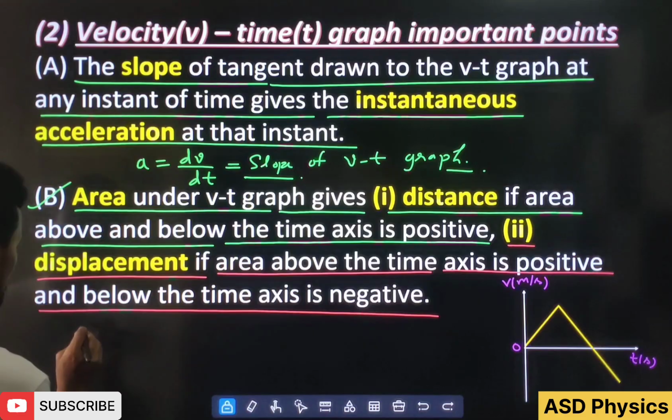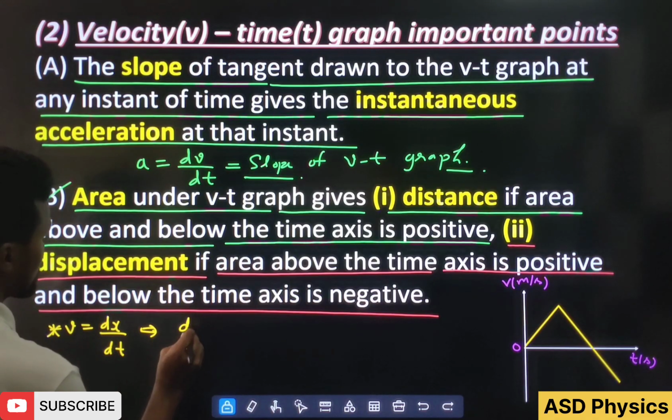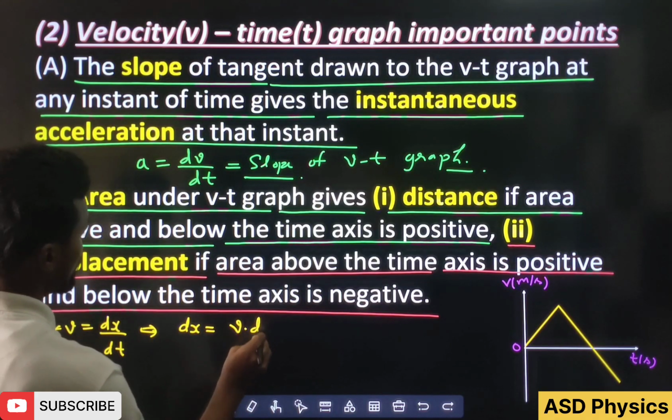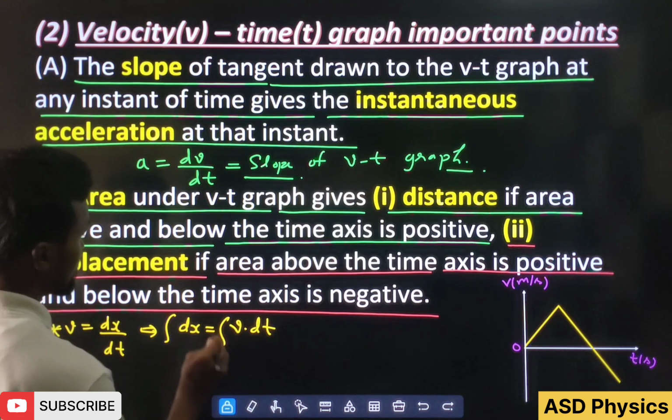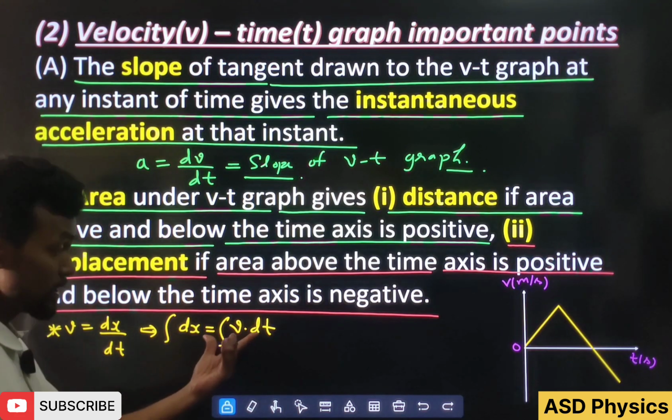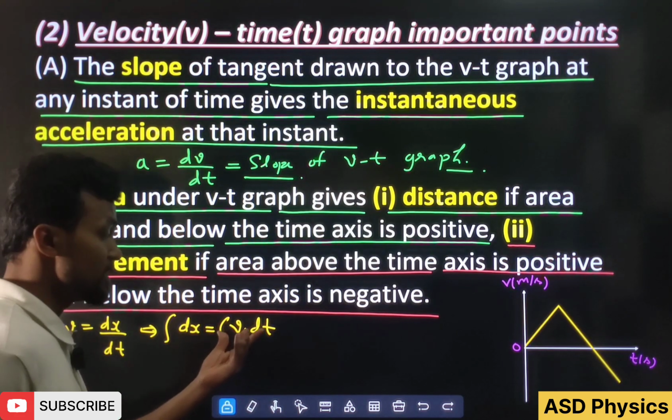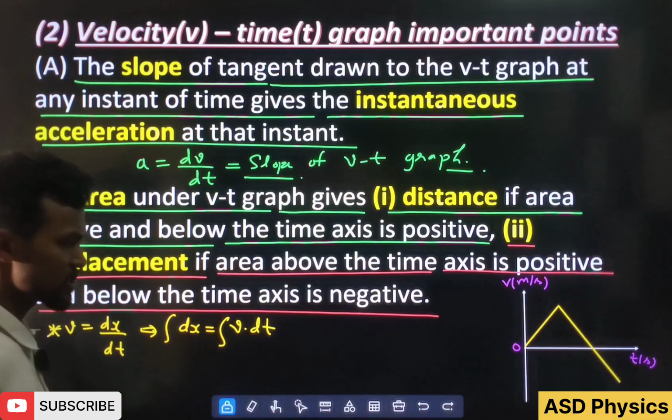In the same way, v = dx/dt. So what can we write here? dx = v dt. Now integration, that means the area under the VT graph will give us distance and displacement.